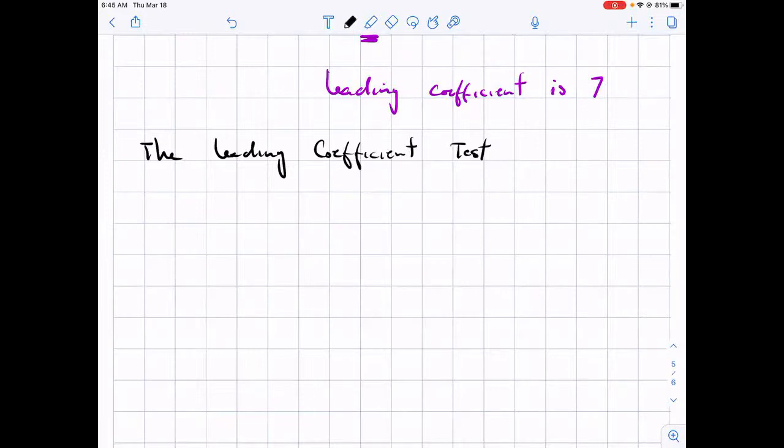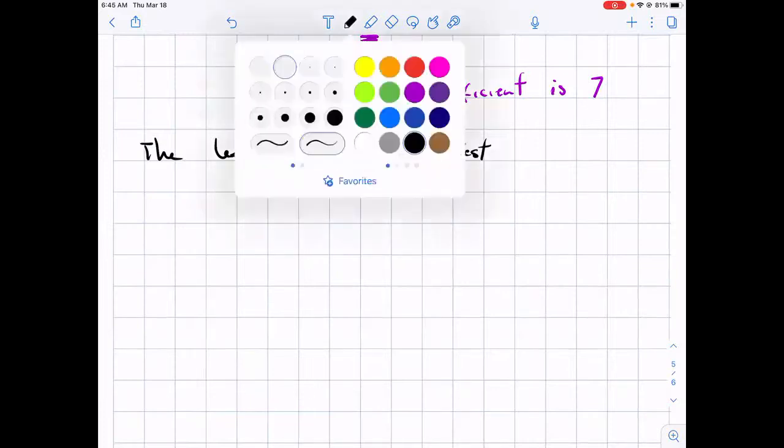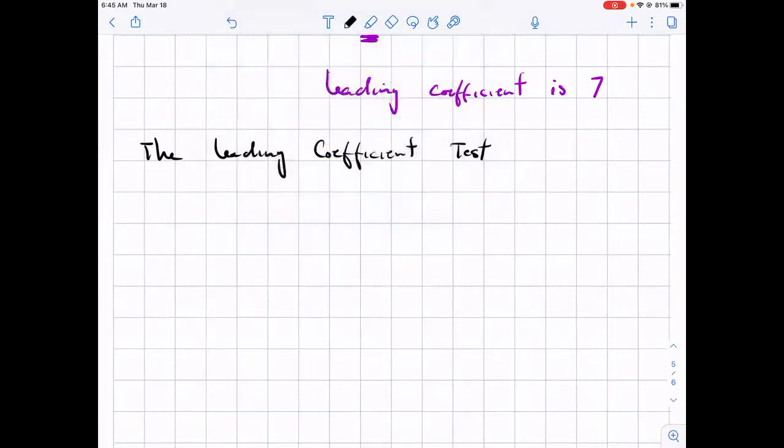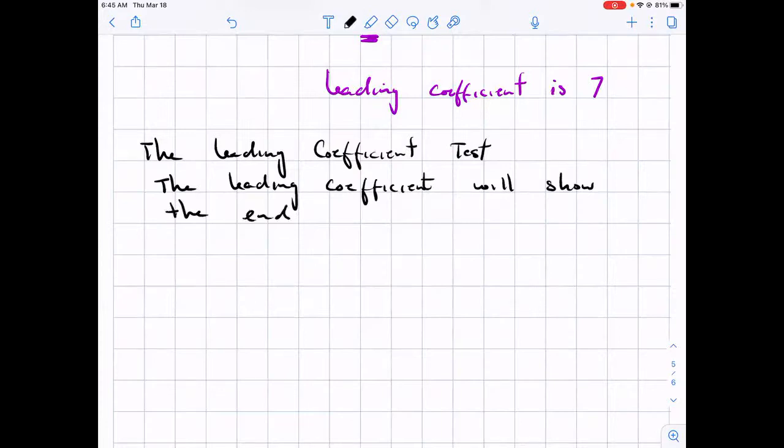So the leading coefficient will show the endpoint behavior. Okay? It will show you the endpoint behavior.